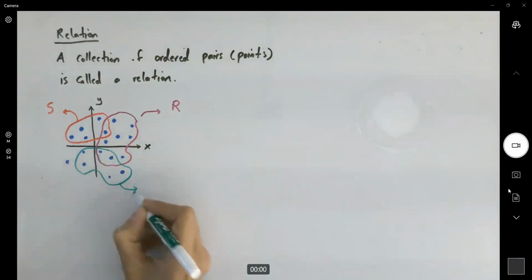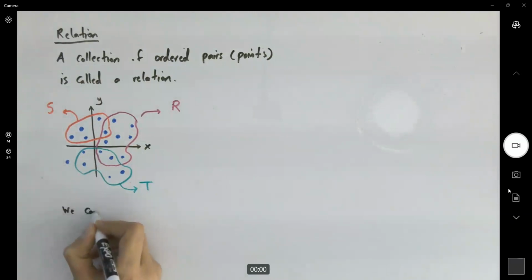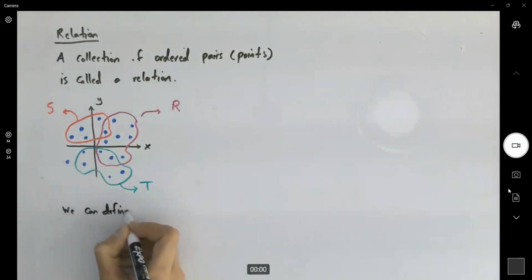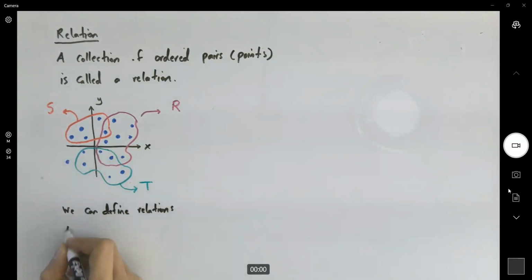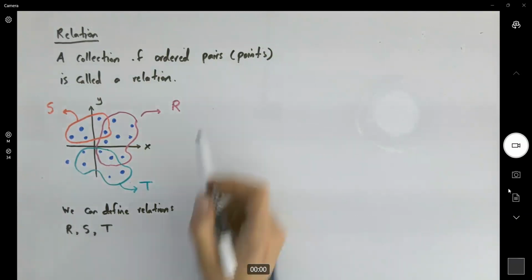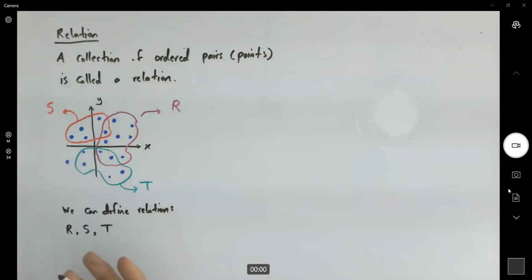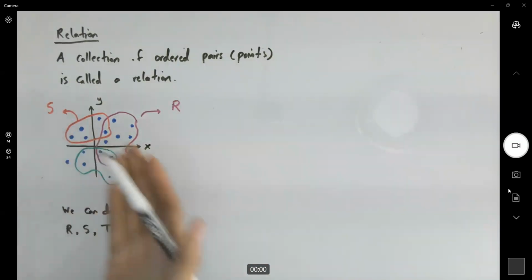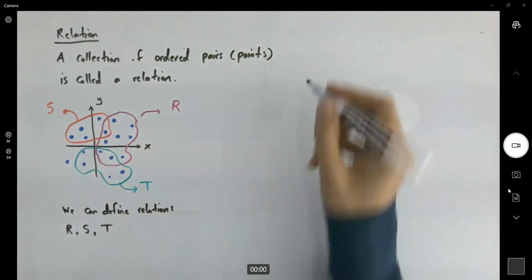You have a new relation like T. So far we defined 3 relations, R, S, and T. As I mentioned, just a collection of points. They might have meaningful relation together, or they might be just a bunch of points.